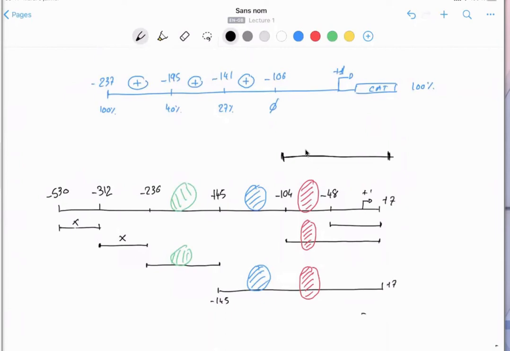Okay, perfect. But if we use the fragment from -236 till -145 as a competitor, you see that the complex is maintained. What is your conclusion on that?